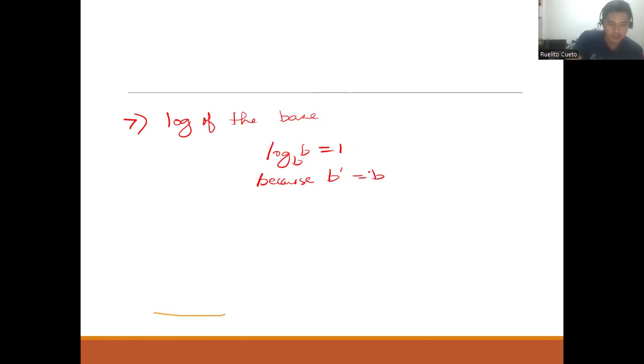Okay, so our example is log of 7 to the base 7 is equal to 1. Again, since 7 raised to 1 is equal to 7. Okay, that is log of the base.